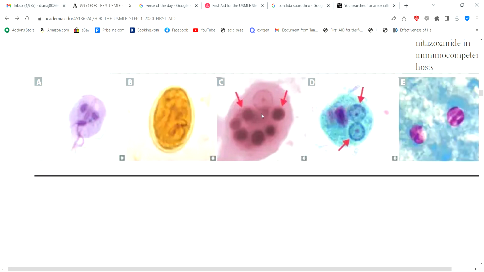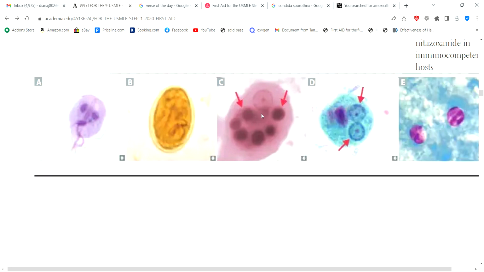Entamoeba histolytica gets hungry on its way to the liver to make abscesses and grabs some RBCs to eat. So this entire thing is an Entamoeba histolytica, and these red dots inside, 1, 2, 3, 4, 5, 6, are all RBCs that it decided to swallow. This is a very classical picture of Entamoeba histolytica. It likes to eat your blood.